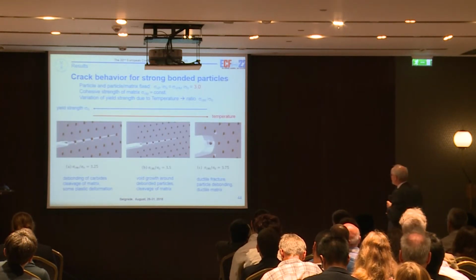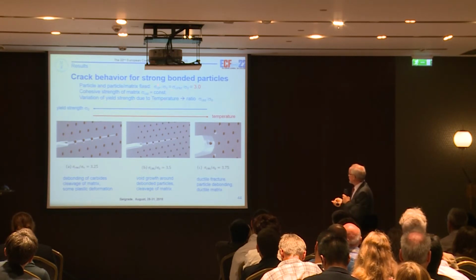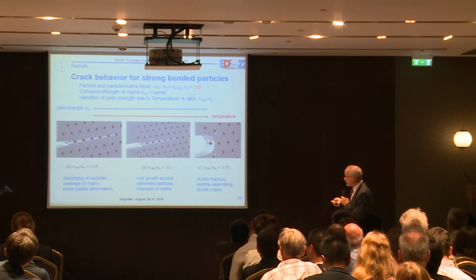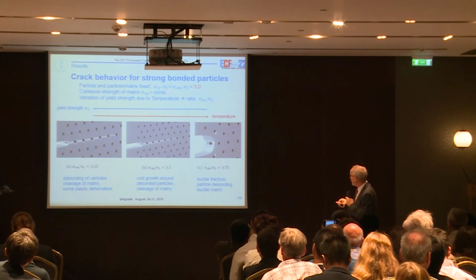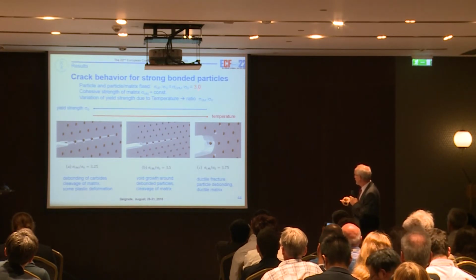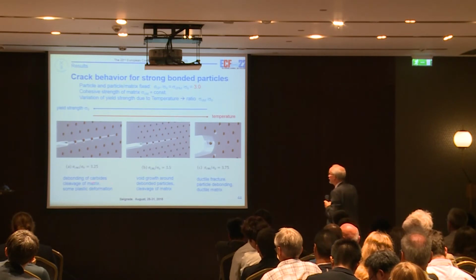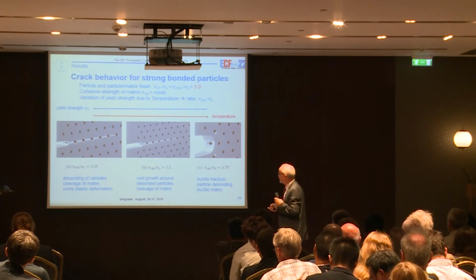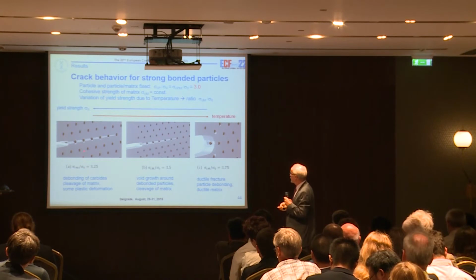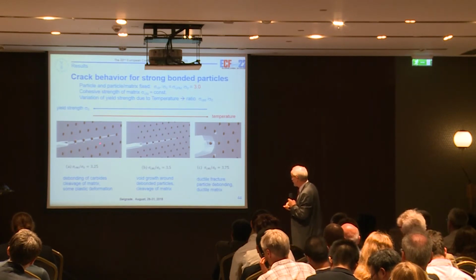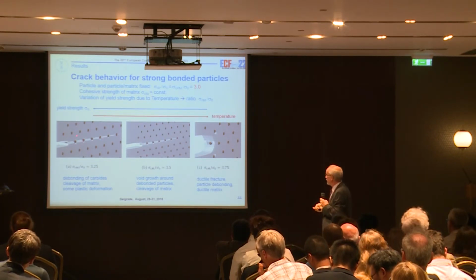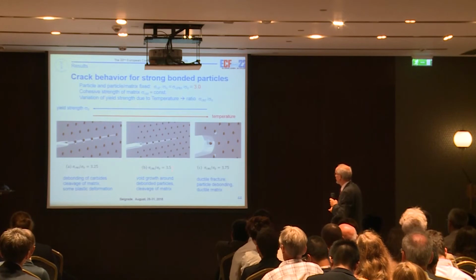Now we can consider strongly bonded particles. Usually the carbides are strongly bonded, so we increase this ratio by a factor of 3 and make the same analysis. Then we see here at low temperatures that first the matrix is fractured, and then the bonding of the particles.